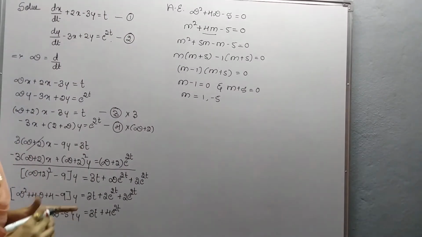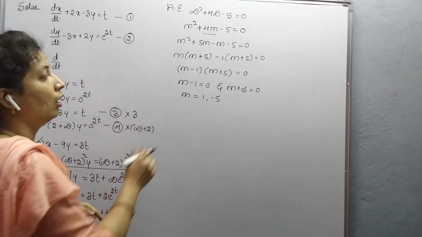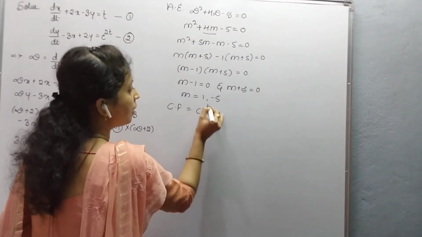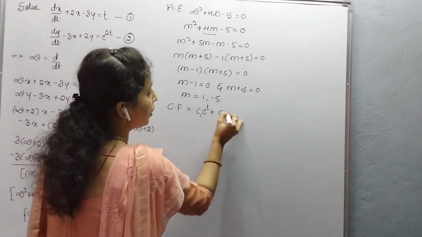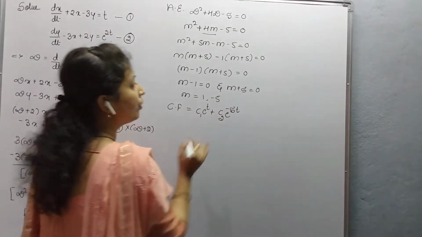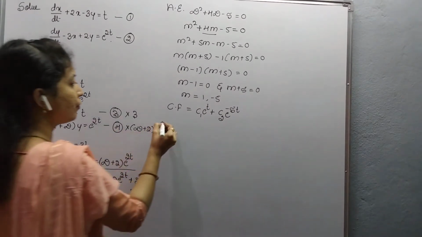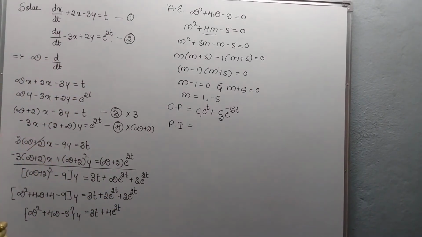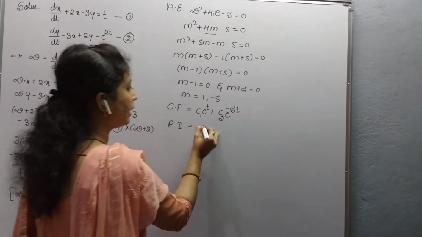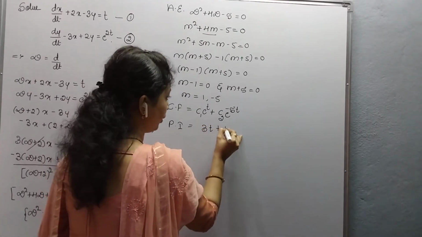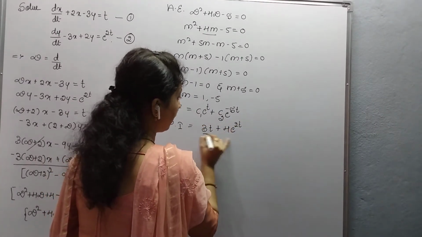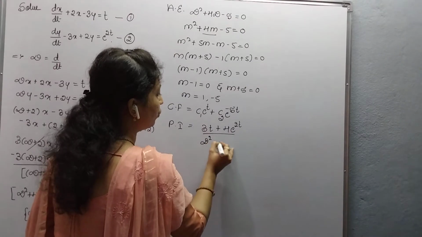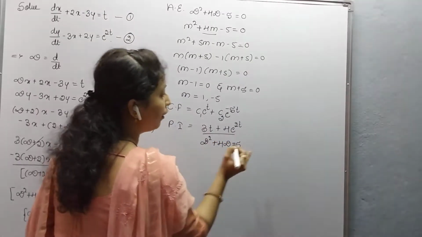It means this auxiliary equation has two different roots. So we write the complementary function as c1 e^t + c2 e^(-5t). This is the complementary function. Next we have to find the particular integral. The particular integral is the RHS part, that is (3t + 4e^(2t)), divided by the coefficient of the y term, that is D^2 + 4D - 5.